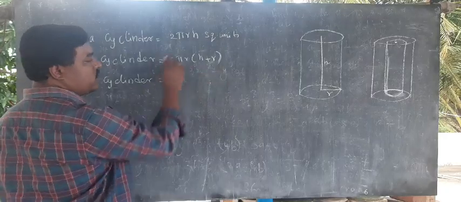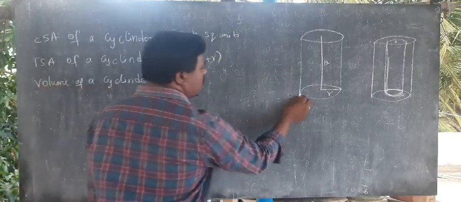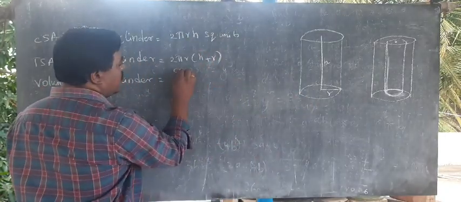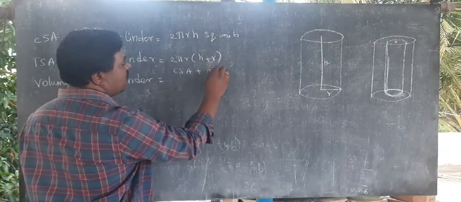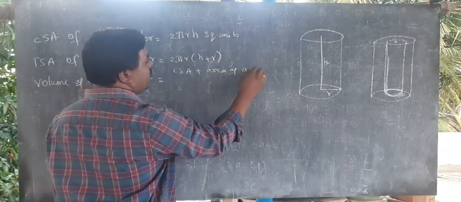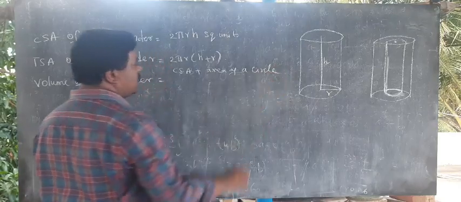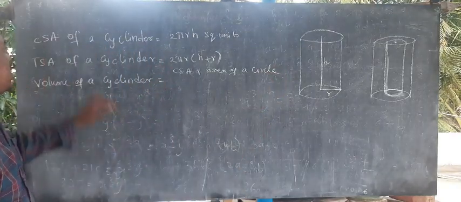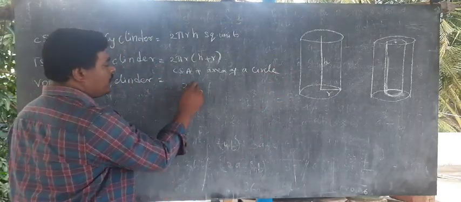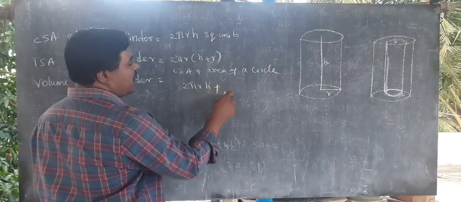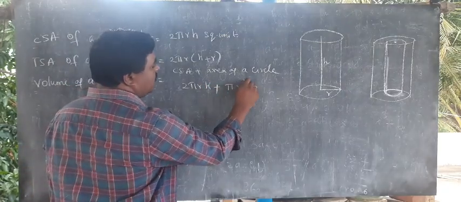So how are we getting this 2 pi r (h plus r)? CSA plus area of a circle. CSA of a cylinder is what? 2 pi r h, and the area of a circle is pi r square.